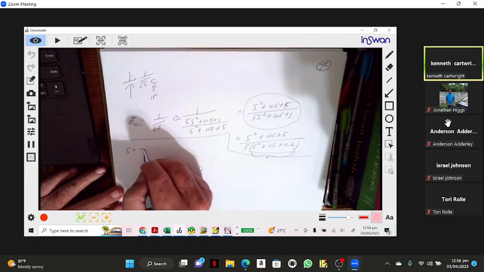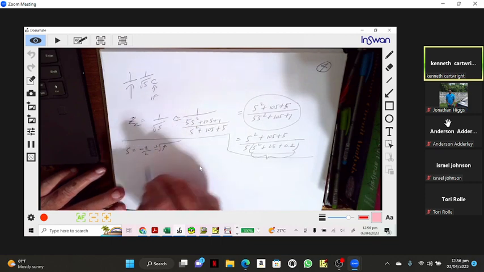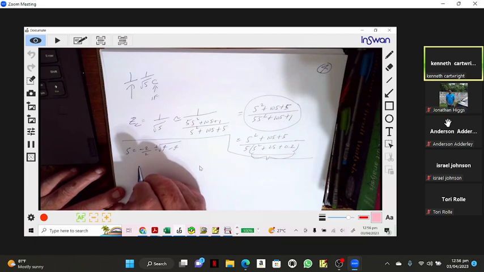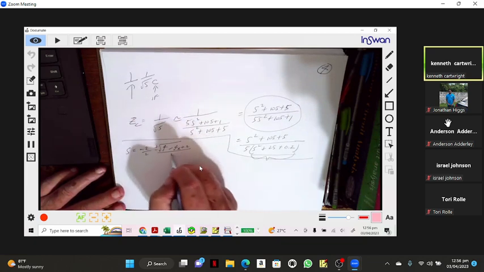S equals -2 divided by 2 plus or minus the square root of 4 minus 4 times 0.2, divided by 2.